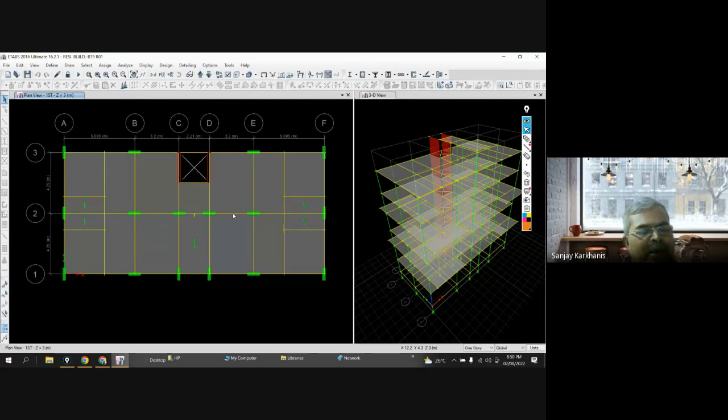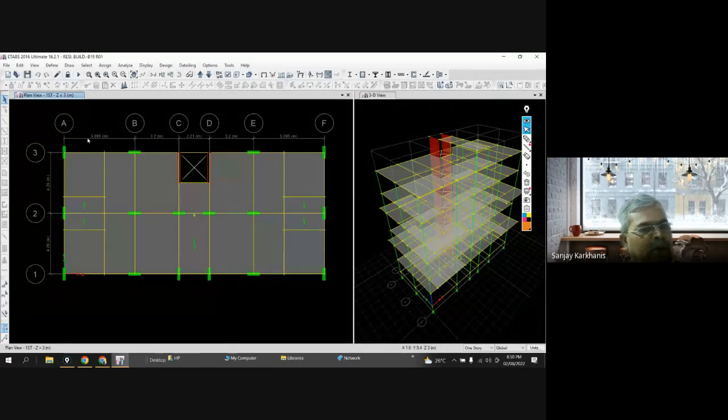See, just modeling the structure and going for dynamic analysis as well as equivalent static analysis method, the entire calculation is a responsibility of your software. So why don't you go for finding out how the mode shapes are getting affected by the configuration of the structure, sizing.